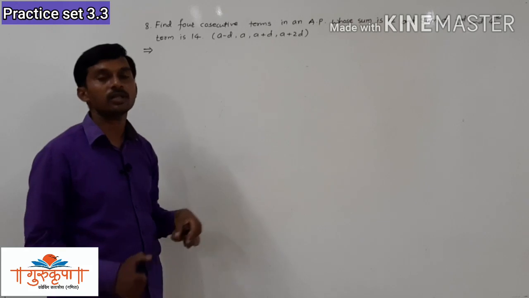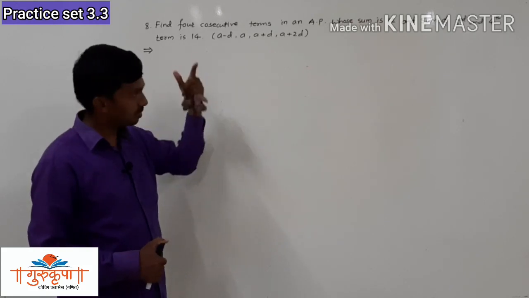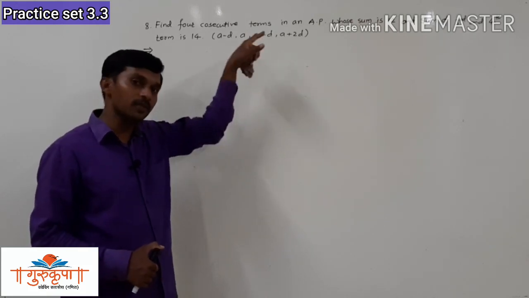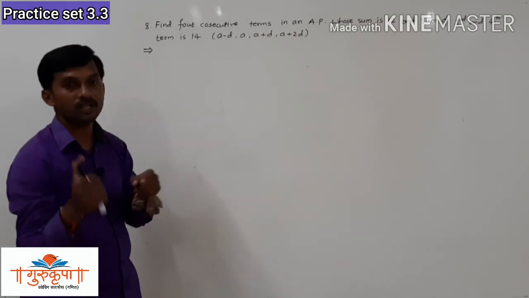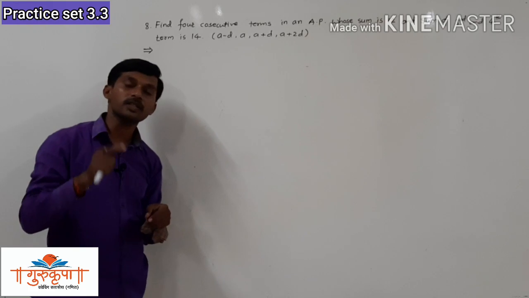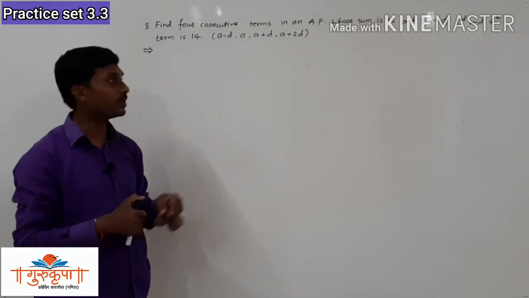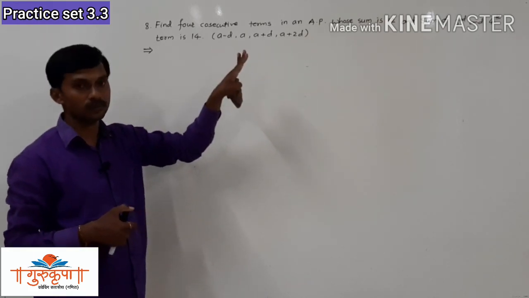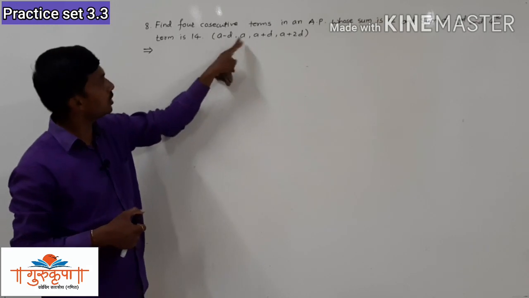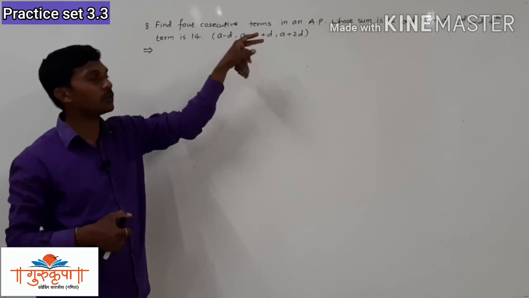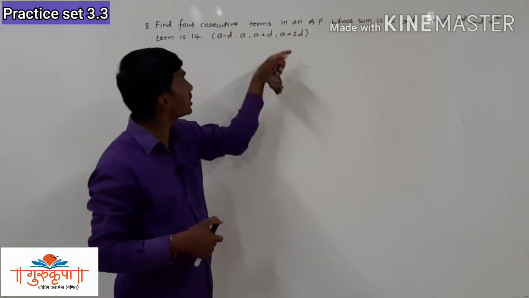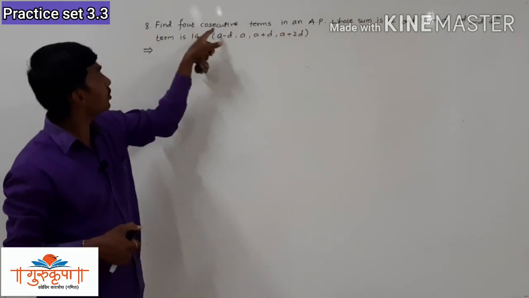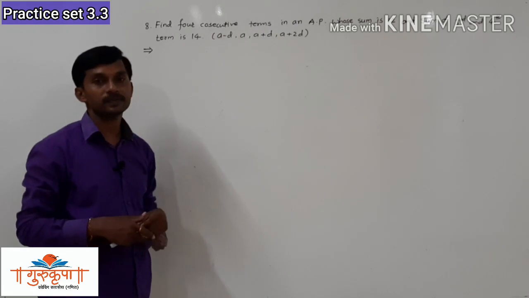So we studied that concept from the old syllabus, and there we have the 4 terms as a minus 3d, a minus d, a plus d and a plus 3d. We can use those 4 terms also. We have to use these as the 4 consecutive terms of the given AP.